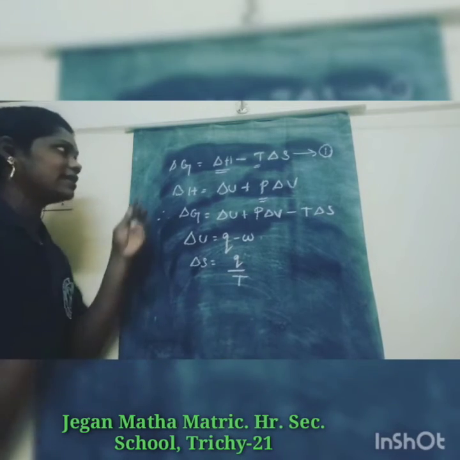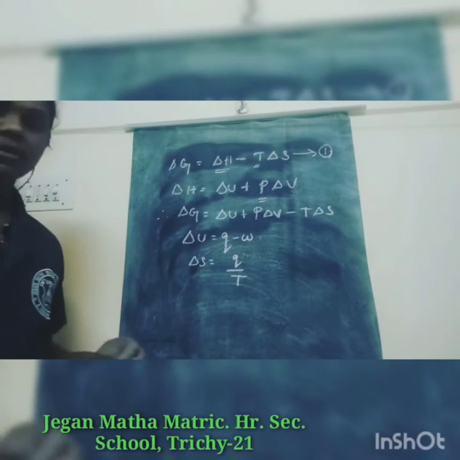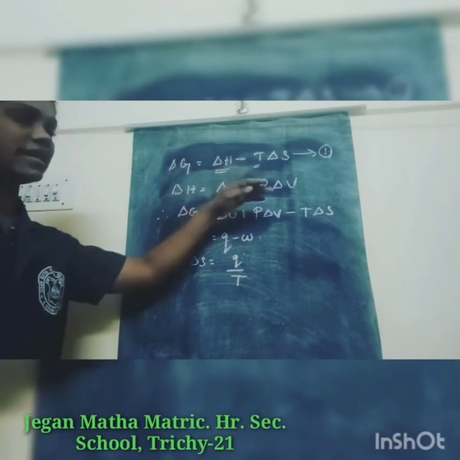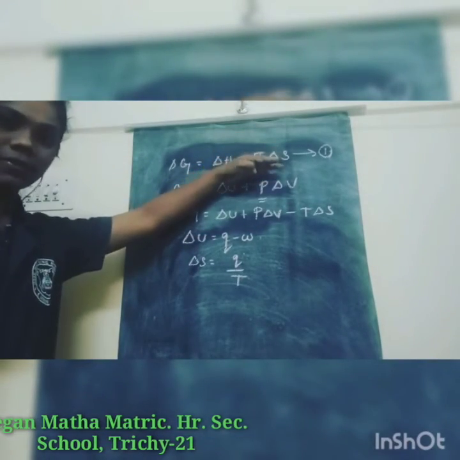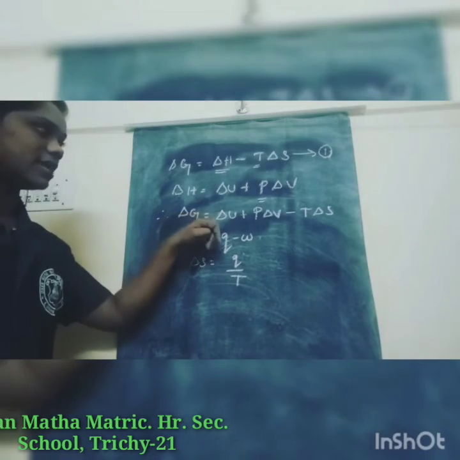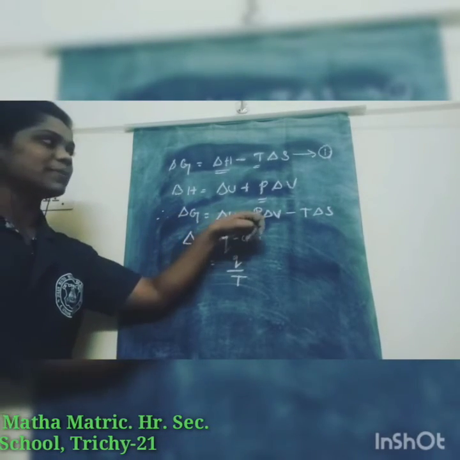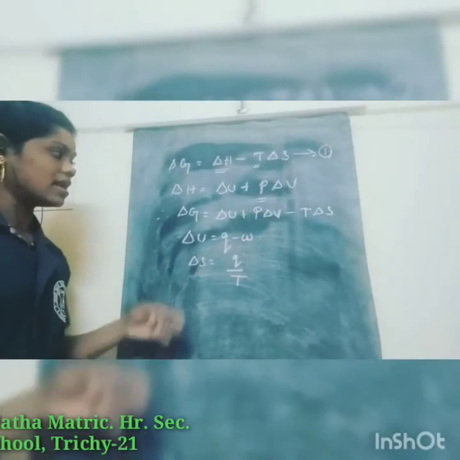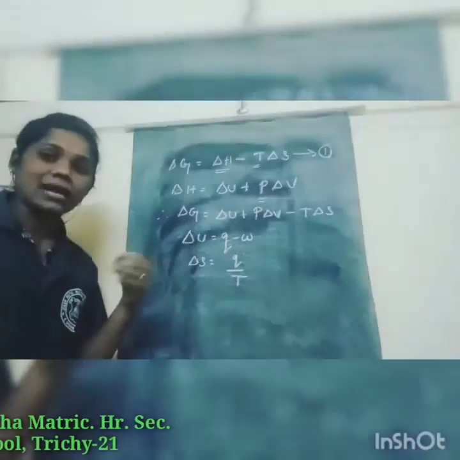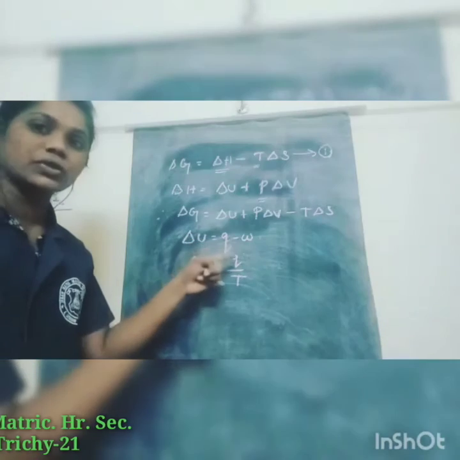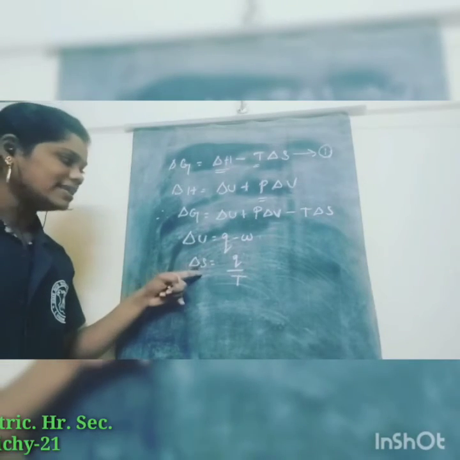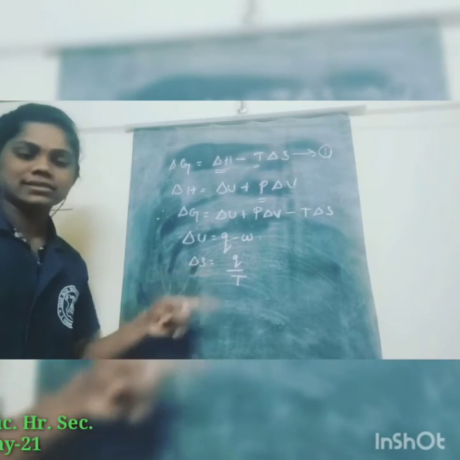So first we wrote the change in Gibbs free energy and the change in internal energy. Apply the del H value in equation number 1. So we get del G is equal to del U plus P del V minus T del S. Already we know that work is done by the system, so from the first law del U is equal to Q minus W, and del S is equal to Q by T, the second law.